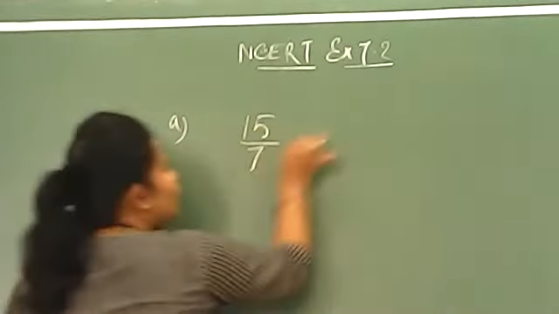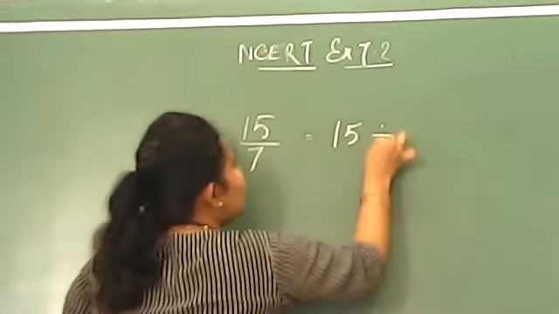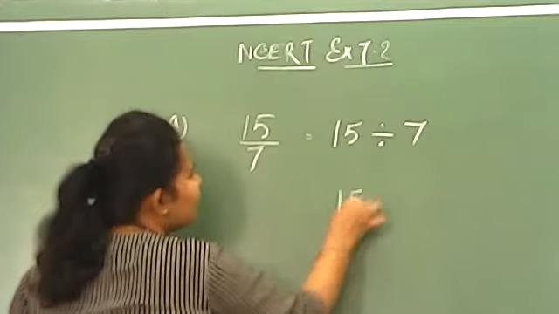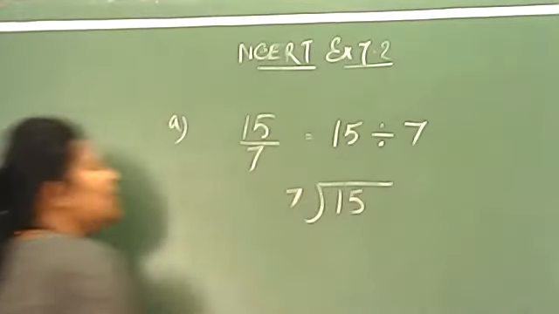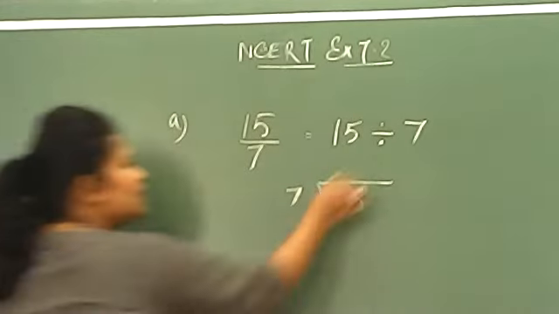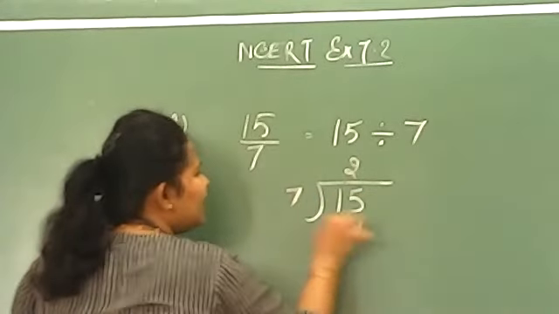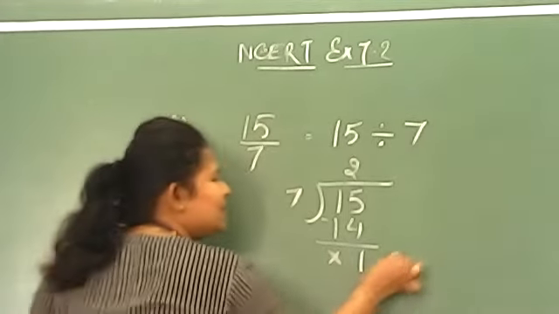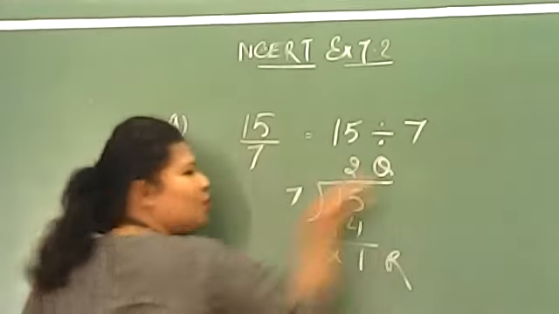Just write 15 by 7 as 15 divided by 7. Now simply divide it. 15 divided by 7: 7 twos are 14. What is the remainder? 1 is the remainder. 2 is the quotient.